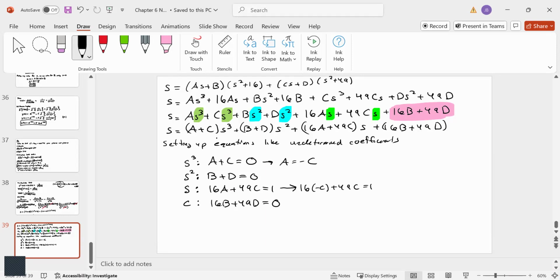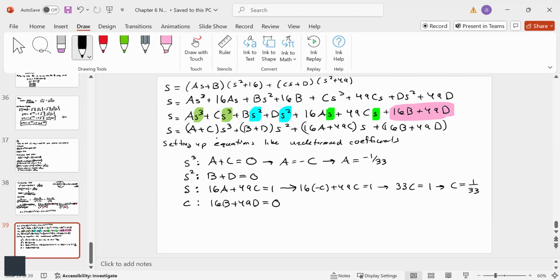And then you get, what would that be? 49 minus 16 would be 33c equals 1, which means c is equal to 1 over 33. And then that implies that a is equal to negative 1 over 33, like that.